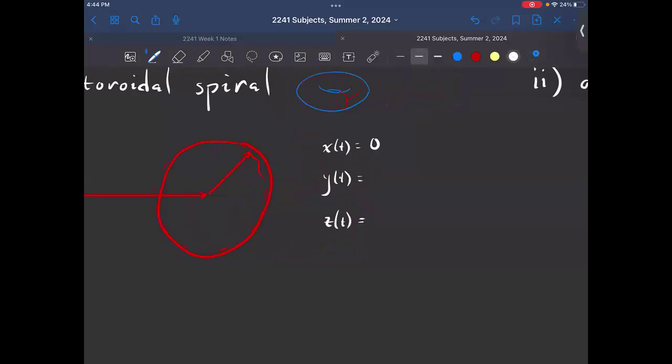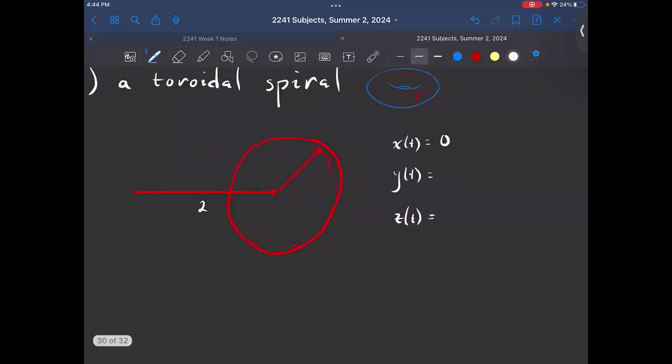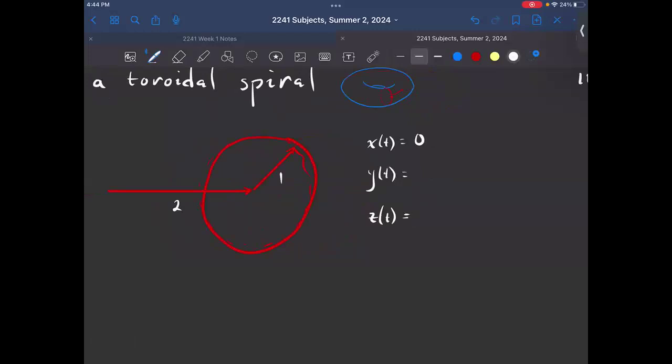And then in the y, let's say for convenience that this vector has length 2, and this vector has length 1. So we have 2 plus, and we want our parametrization to start here, just like a standard circle, and go around counterclockwise.